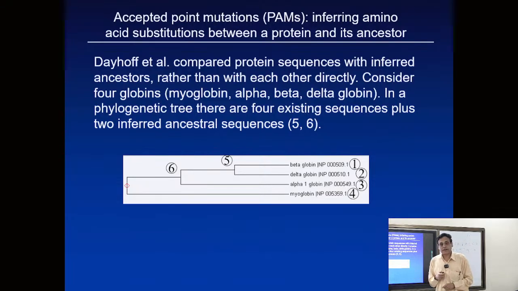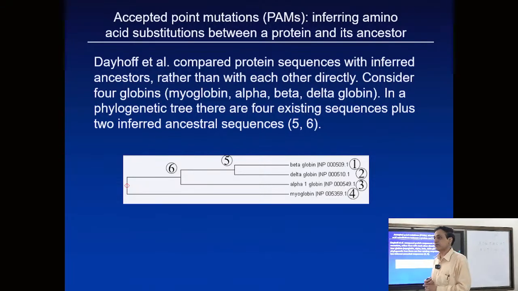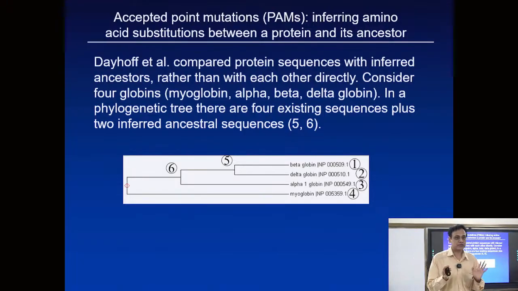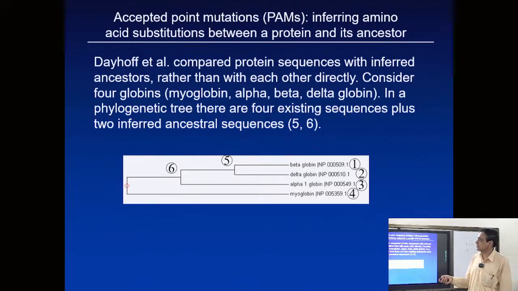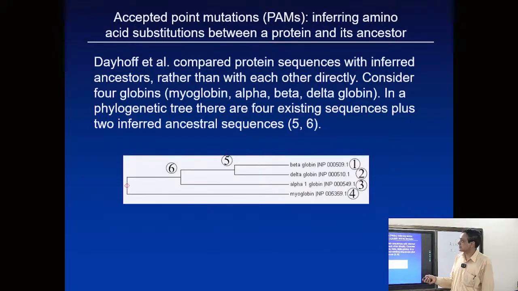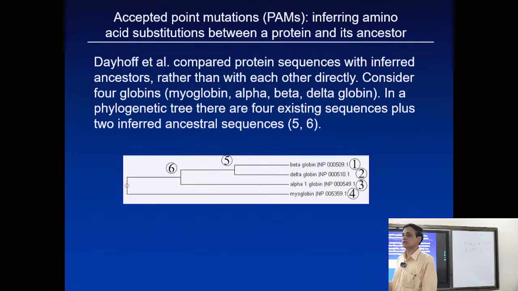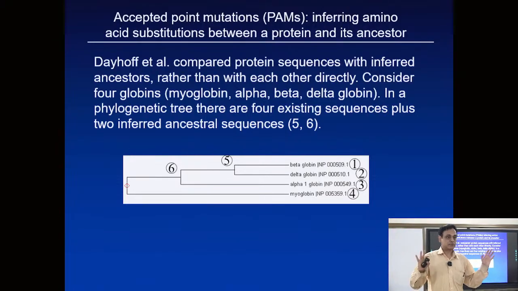Margaret Dayhoff and colleagues used a method based on parsimony to infer ancestral sequences. So the ancestor of 1 and 2 is number 5, the ancestor of 1, 2, 3 is number 6, and this is the last common ancestor of all these four. So they could infer the ancestral sequences based on a method.